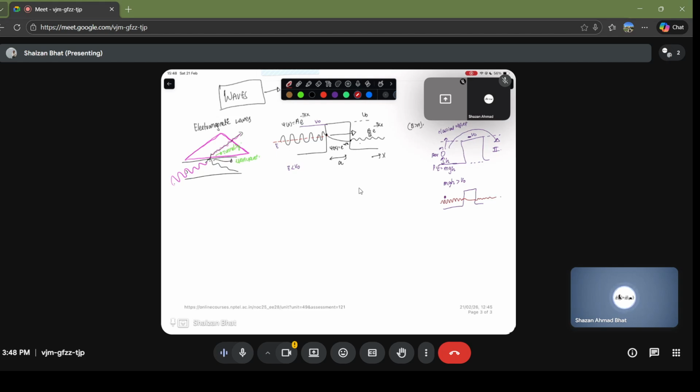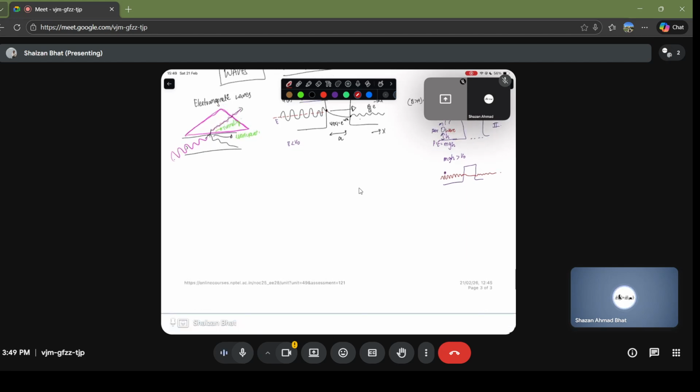Just like an electron, it is a wave, but the dimensions of the wavelength are not of the same order as that of the electron.